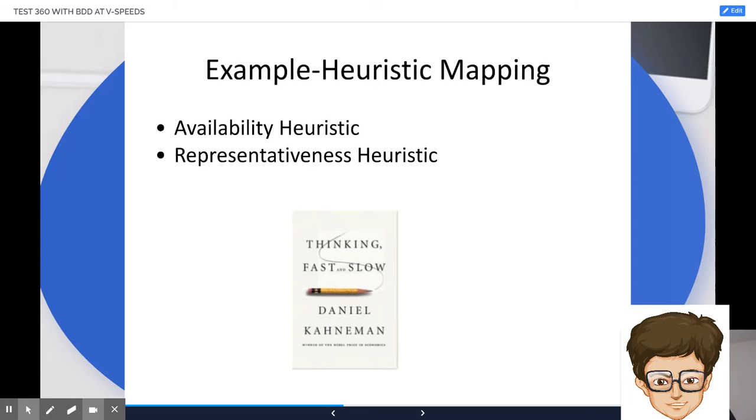The next type of heuristic that is well known is the representativeness heuristic. This is more about your preconceived notions based on your previous experiences. While dealing with this heuristic, there is a huge possibility that you could have cognitive bias. That's a completely different psychological topic, which I'm not going to get into in this presentation.